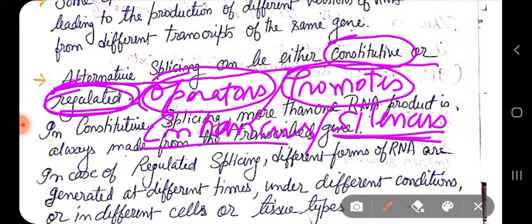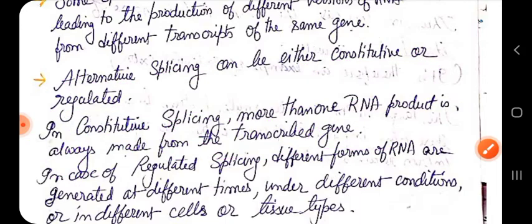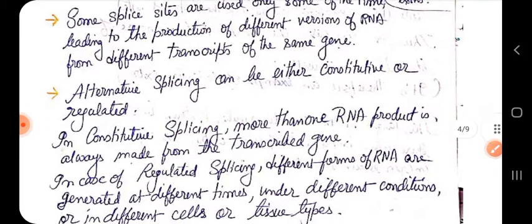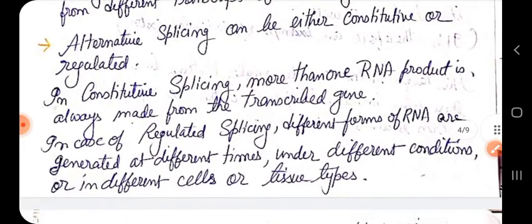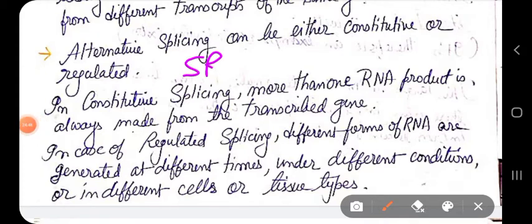Here the enhancers or silencers are related to the splicing process. They allow the spliceosome complex to come and bind, or not, to these splice sites. Just as we have seen before, the SR proteins, which are serine-arginine rich proteins, bind to a sequence called, what is the name of the sequence we have seen before?